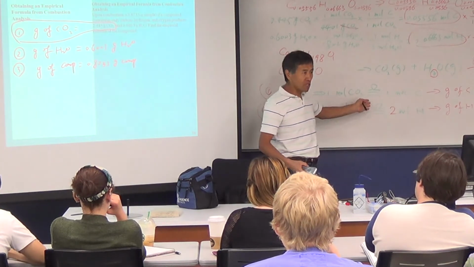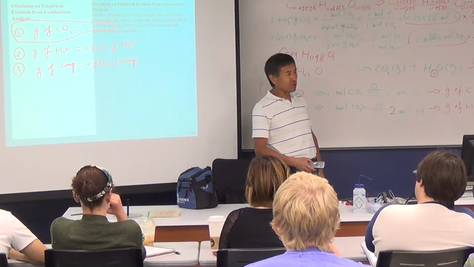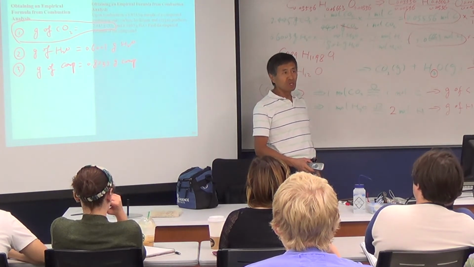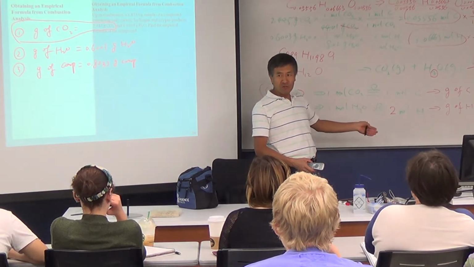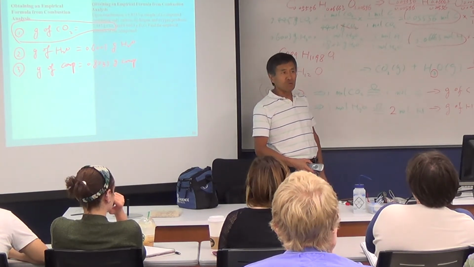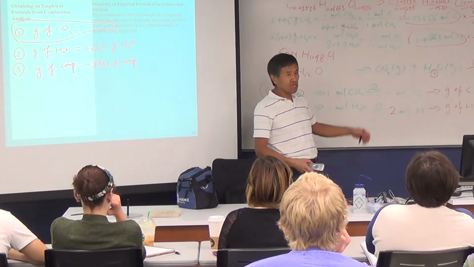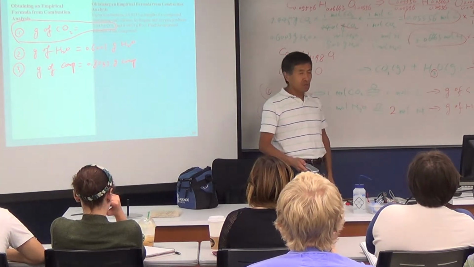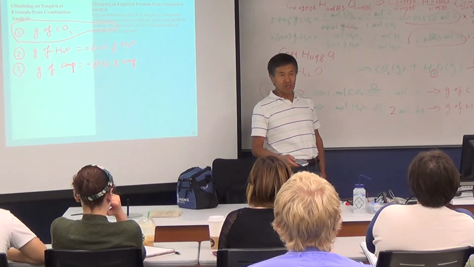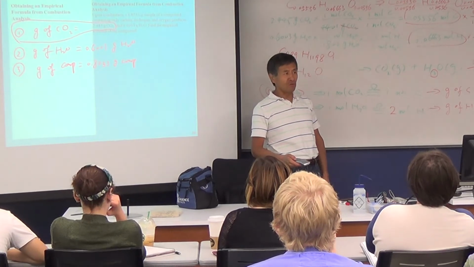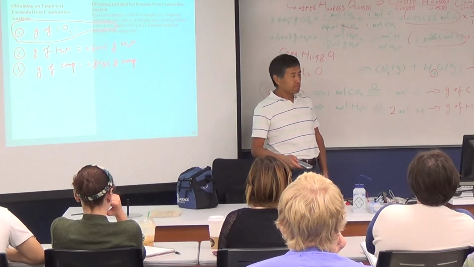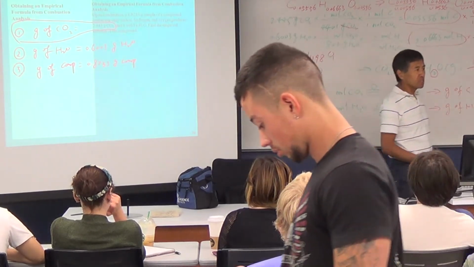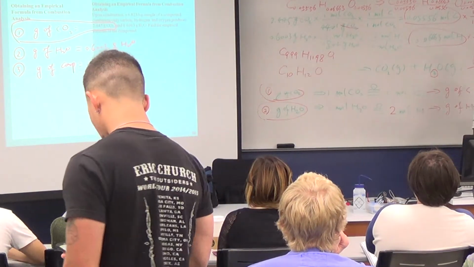Here, you get mole of carbon first from the mole of CO2, and get mole of H from the mole of water. So once you have those two, we can get the gram of carbon and gram of H. Then from that you get the gram of oxygen. Okay, any questions? Any questions?